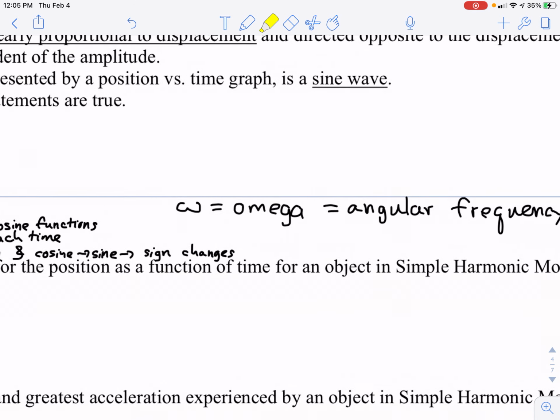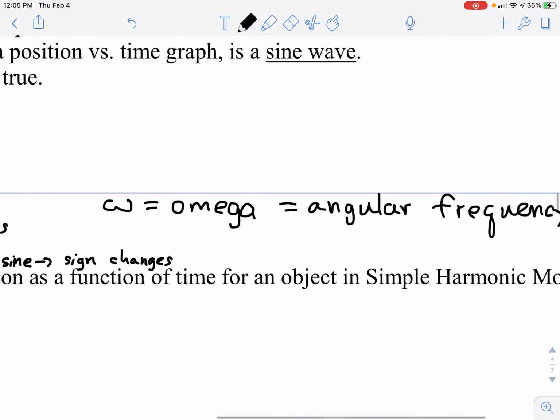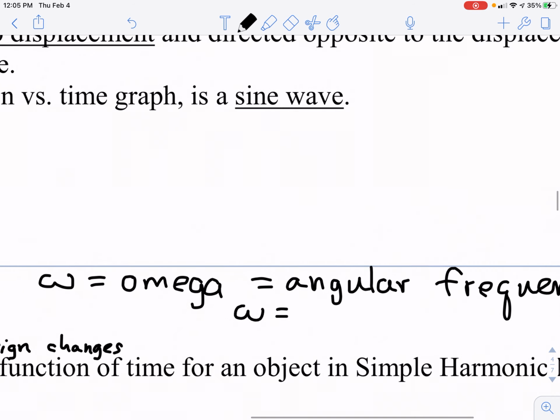The angular frequency relates to the total rotation or the total completion of a cycle. So how about we represent our cycle of back and forth motion as very similar to what we would see in a circle.